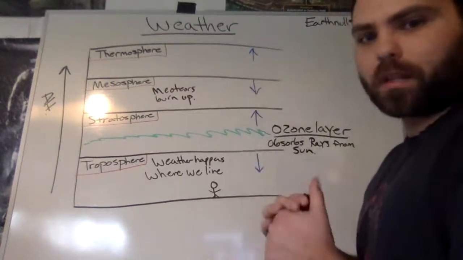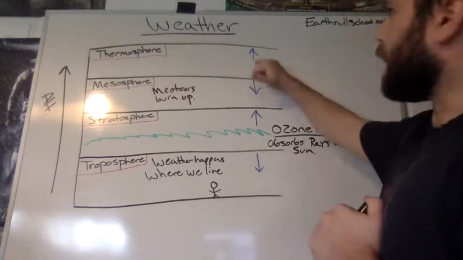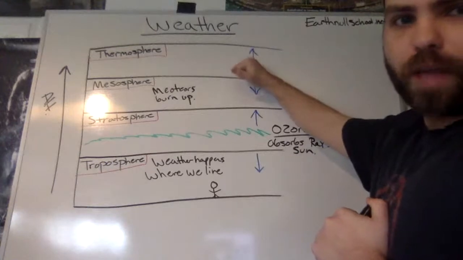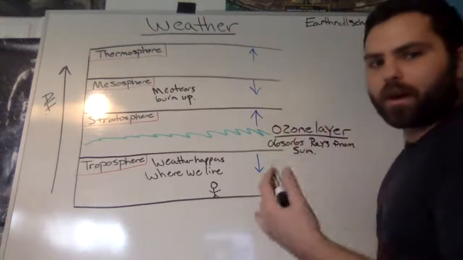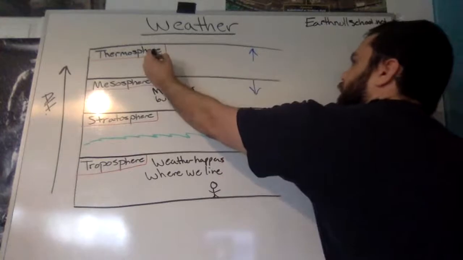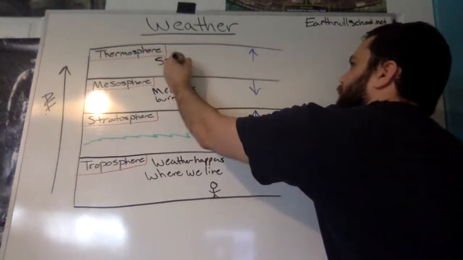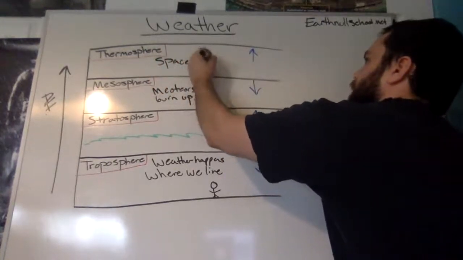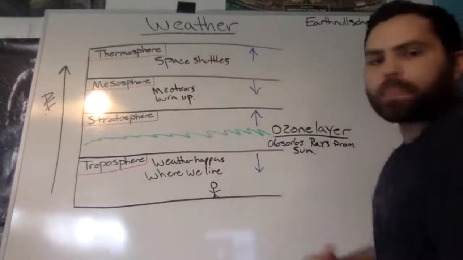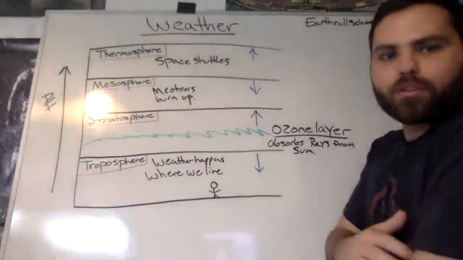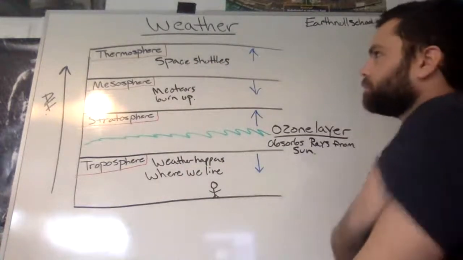All right, so the thermosphere. This is our last layer. Temperature also increases with altitude. This is where you have your space shuttles and your satellites.